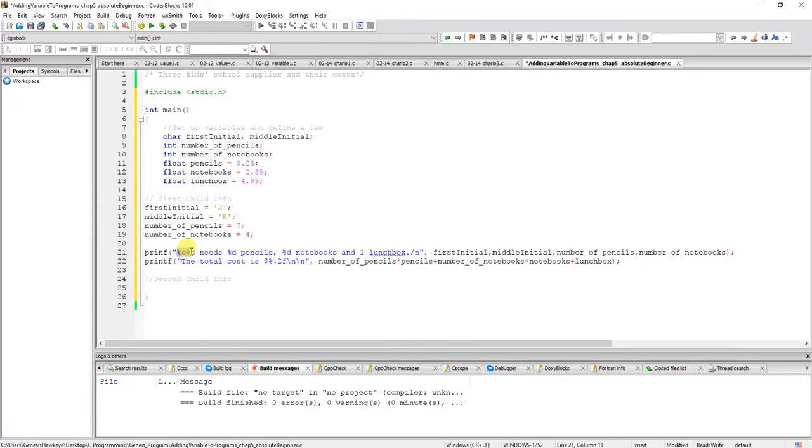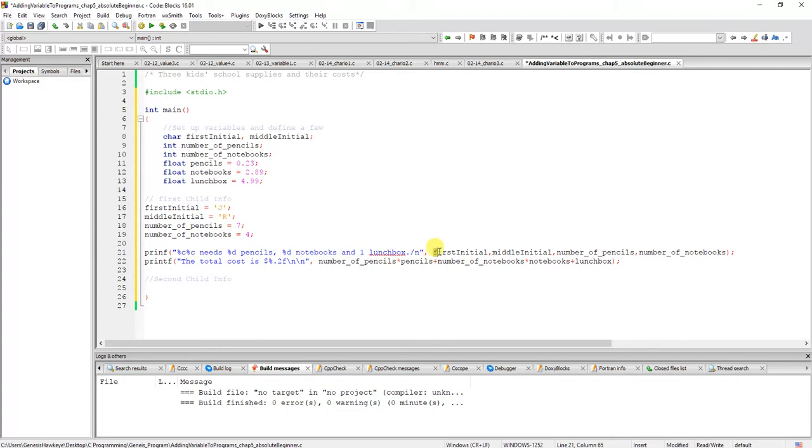Print character, right? So character needs an integer amount of pencils, an integer amount of notebooks, and one lunchbox. And we put our return key here to give us a space. We actually don't need it, but we put it here for spatial reasons.